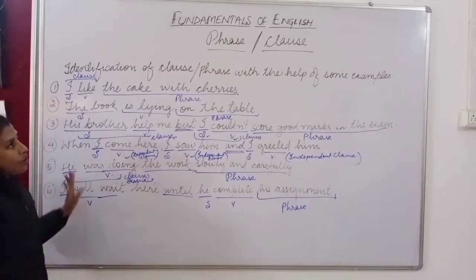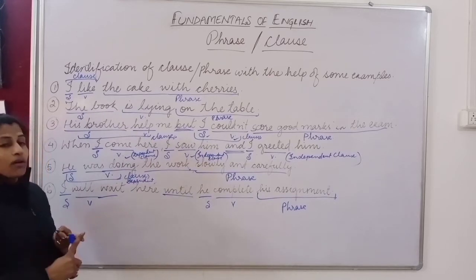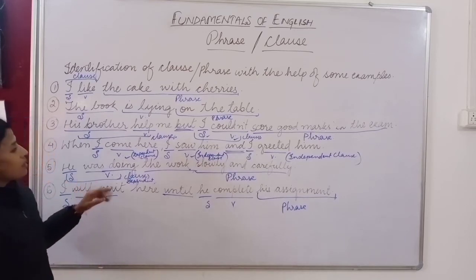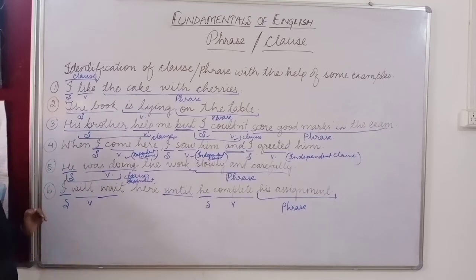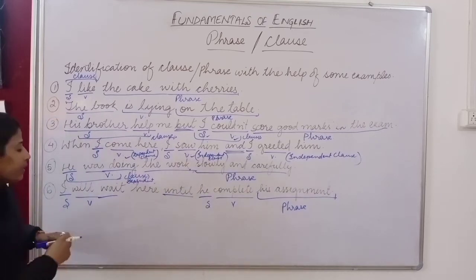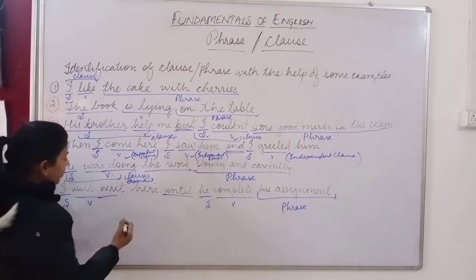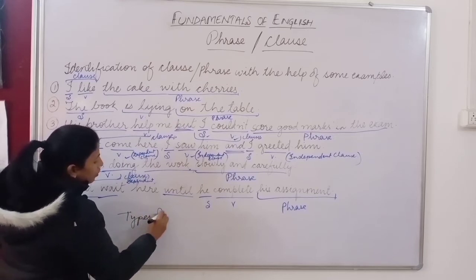So, according to this explanation, we got to know that a clause has two types. First is dependent and second is independent. Types of clause.